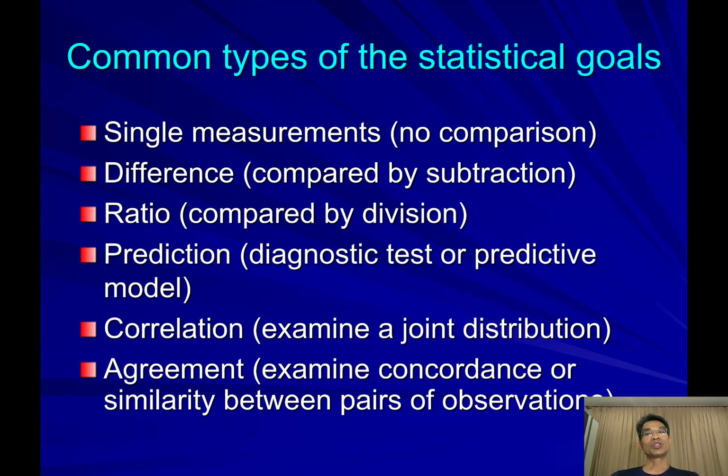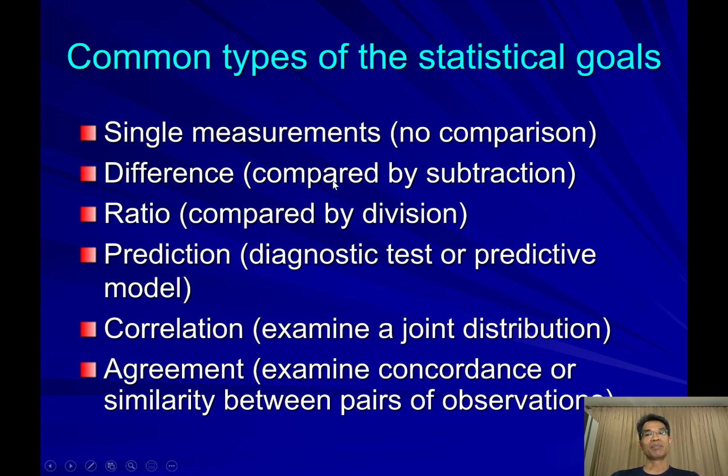The next one I would like to discuss with you is the common types of statistical goals for researchers. Some research has a single measurement. There is no comparison, just describing one group, for example, the prevalence or the incidence of whatever in these populations. So we quantify the percentage or the mean according to the type of the outcome, and the confidence interval of that quantity, and just that.